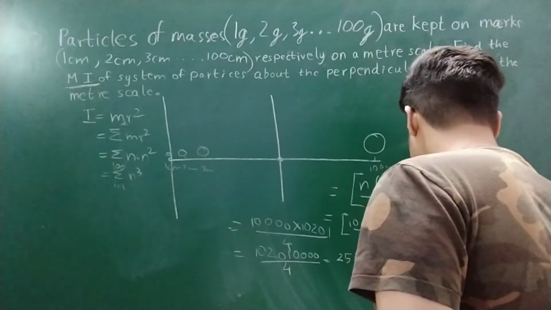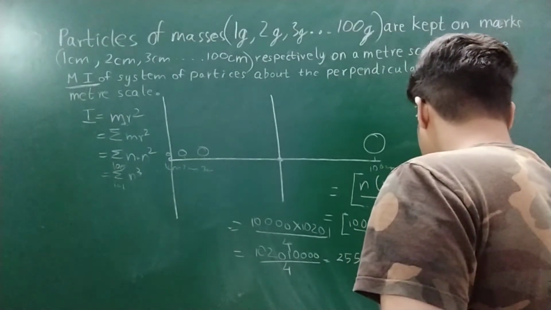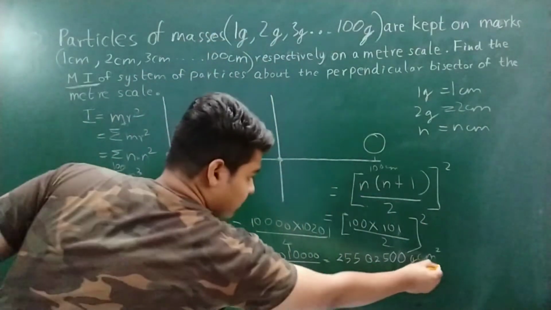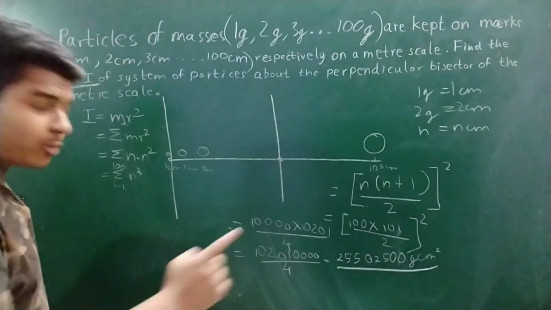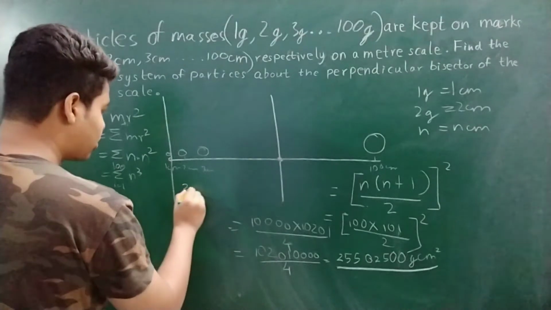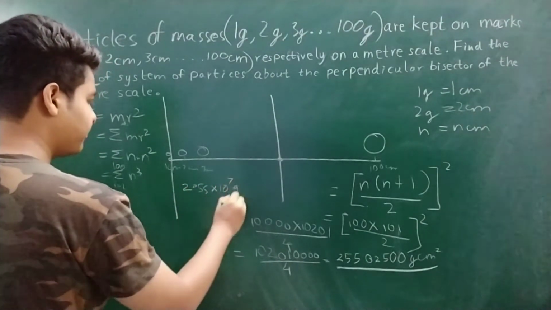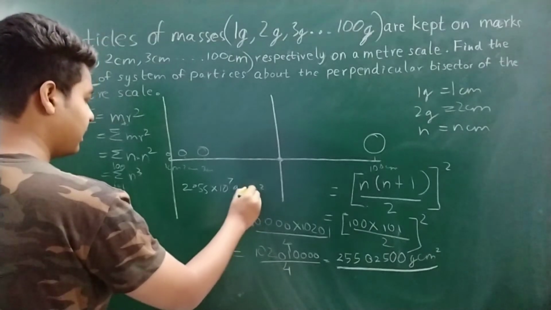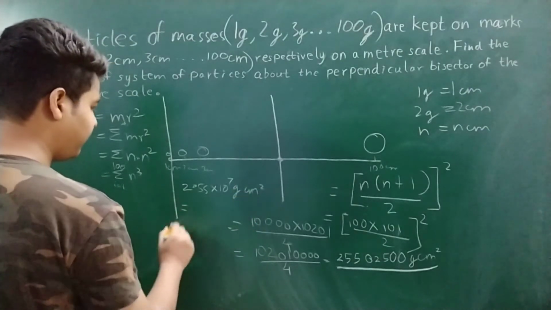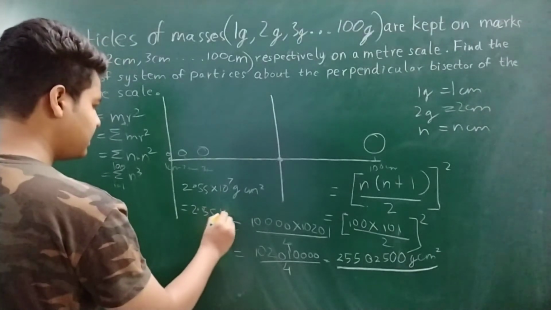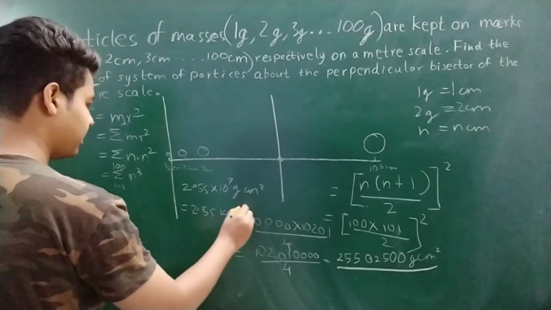Which comes to about 2550 gram centimeter square, which means you can approximate this value. You can approximate this to 2.55 into 10 to the power 7 gram centimeter square, which can be further simplified into 2.55 kg meter square.